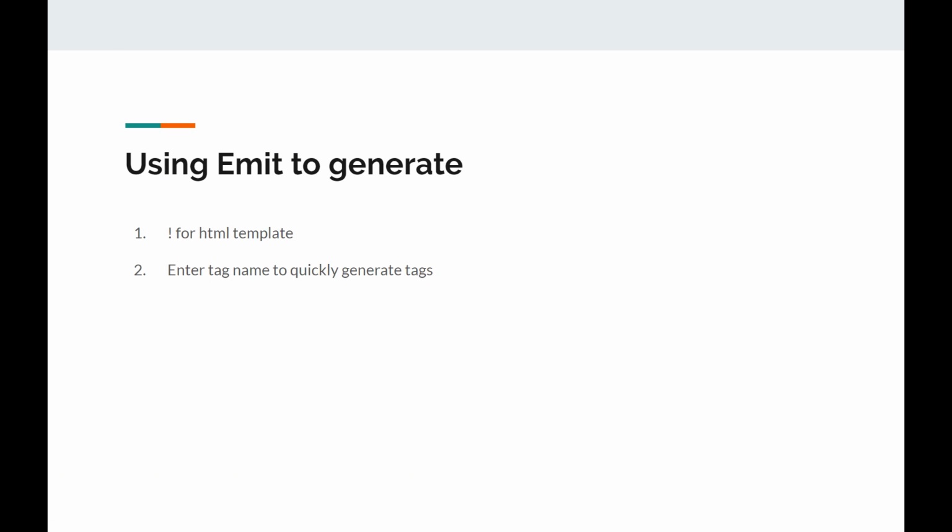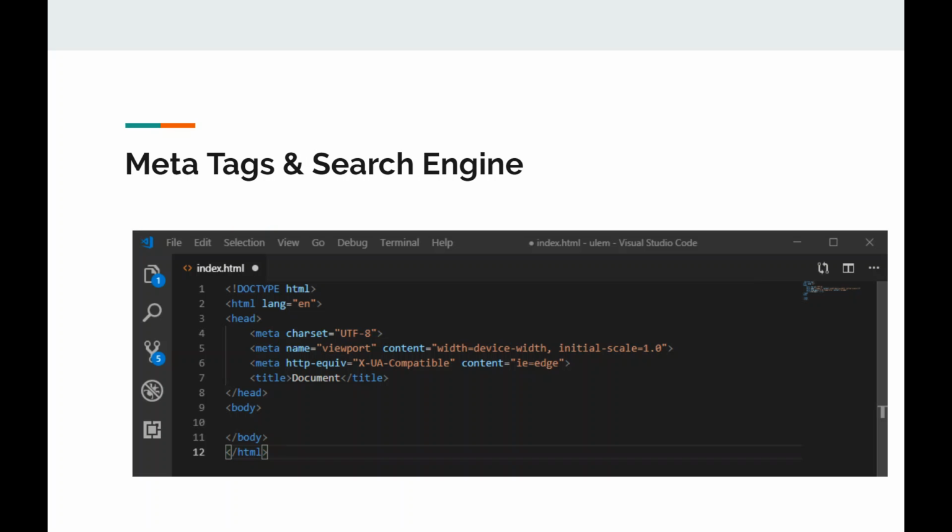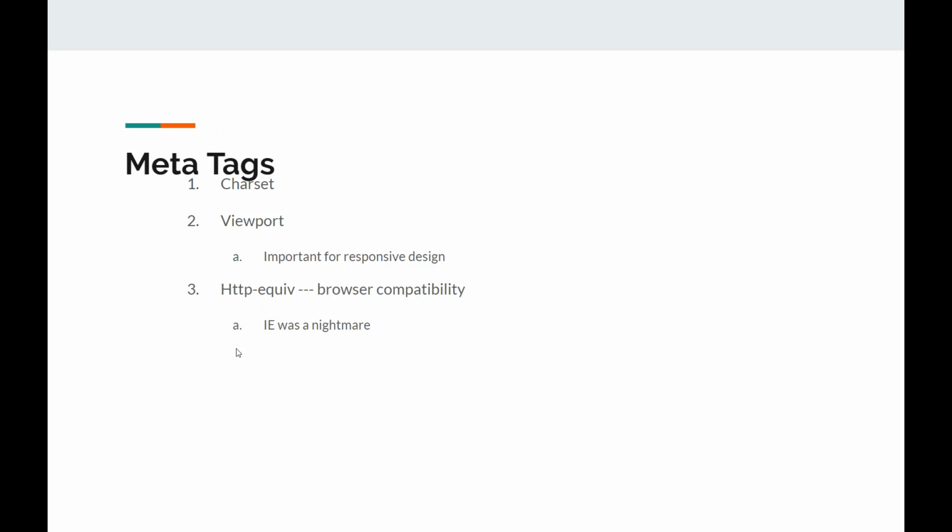Emmet is like an add-on to help you generate things, a shortcut. It helps generate templates for you, and it is a pre-installed add-on in VS Code, so you don't have to worry about that. It helps you generate the HTML template and meta tags for search engines. There are some meta tags you can put in the head. We don't worry about that right now.